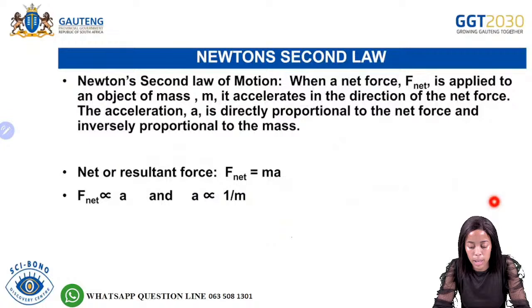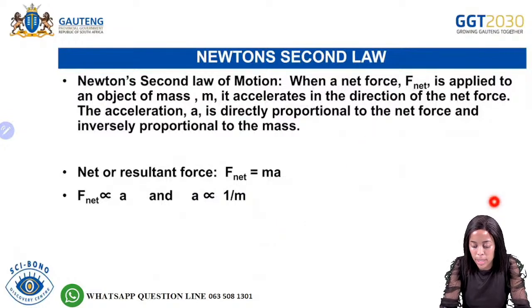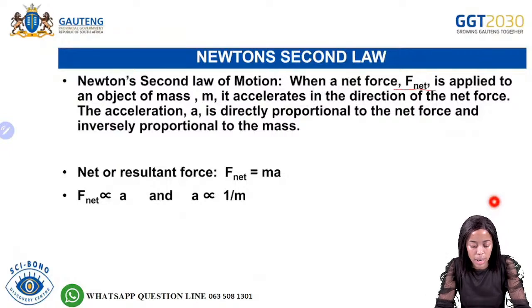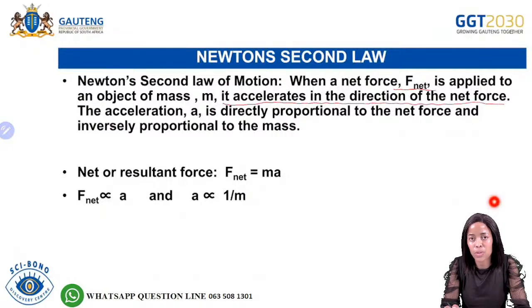So next we have the definition of Newton's second law, and it says when a net force, which is your F net, is applied to an object of mass m, this object will accelerate in the direction of the net force.